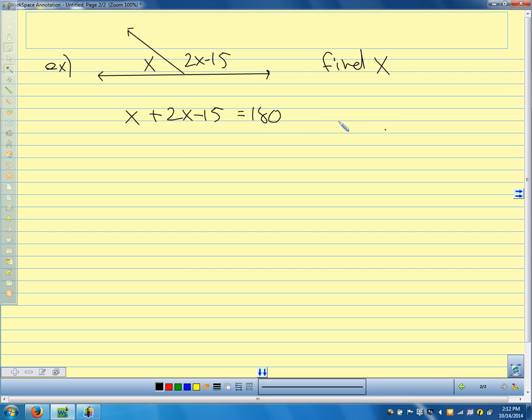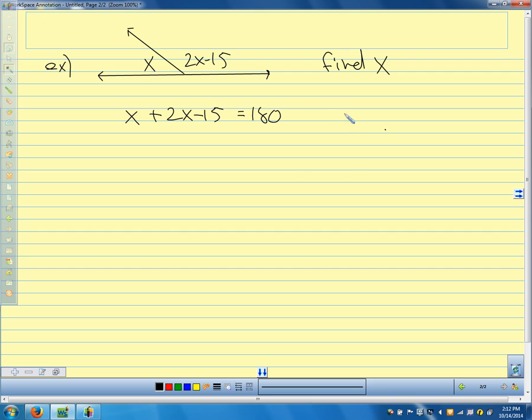So how do we know that's true? Right, so a line equals 180. What did we call two angles that made up a line? We gave them a special name. Complementary means they add to 90 degrees. They're supplementary. But we gave that pair of angles that make up a line a special name. Linear pair.